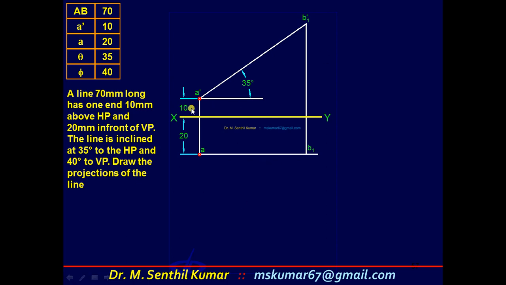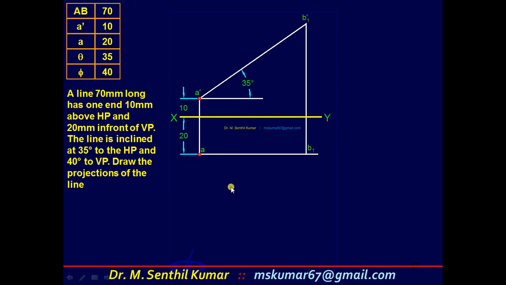The other part, now you consider the line is inclined only with respect to VP and parallel to HP. That means consider 70 and phi 40 degrees. You have to assume theta is equal to 0. With that assumption, draw the preliminary top view in the top view side.